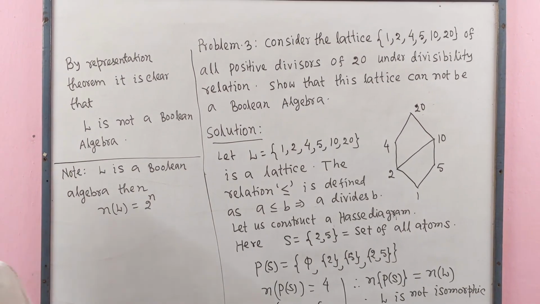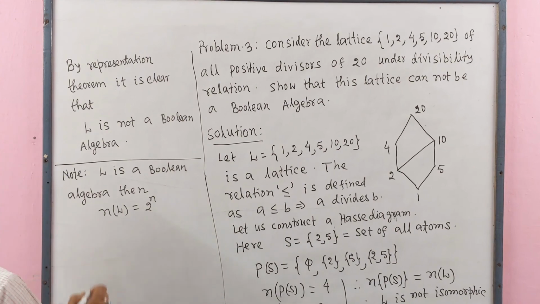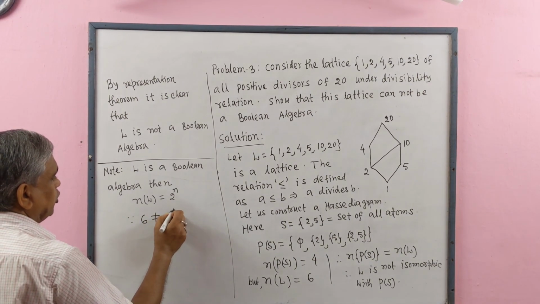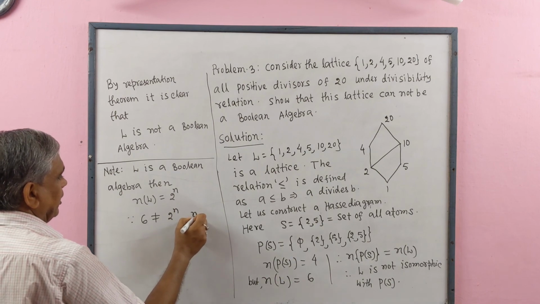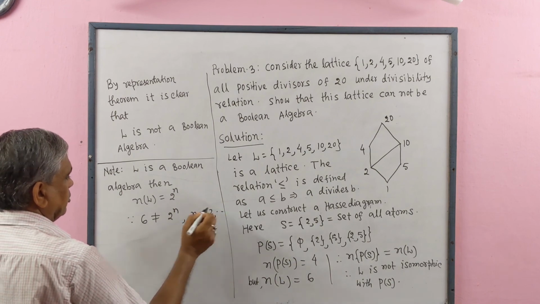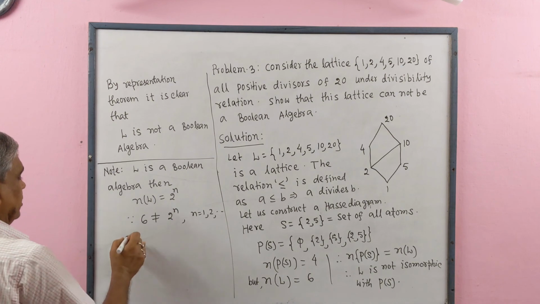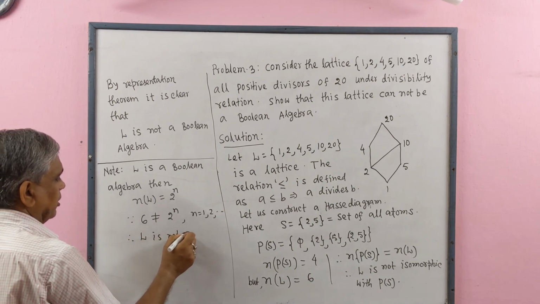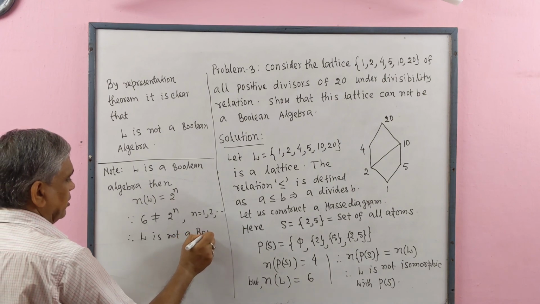Here NL equal to 6, and since 6 is not equal to 2 to the power n for n equal to 1, 2, and so on, therefore L is not a Boolean algebra.